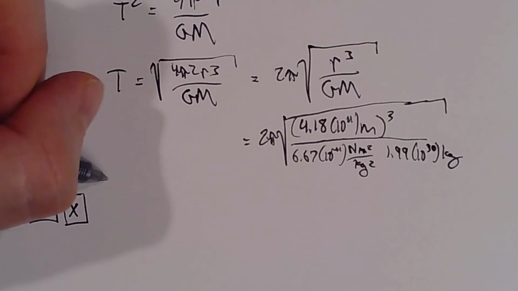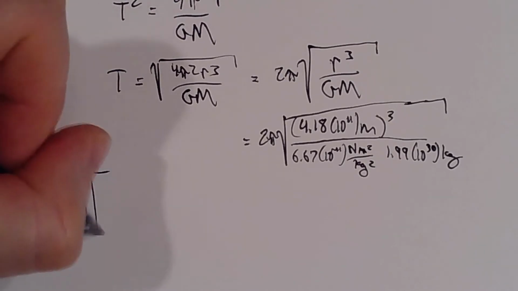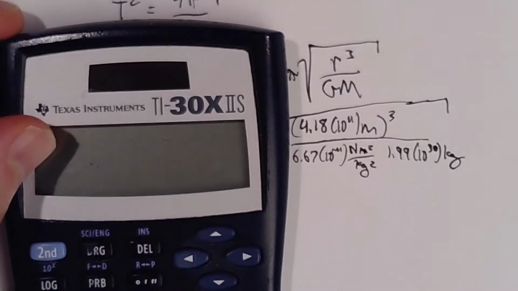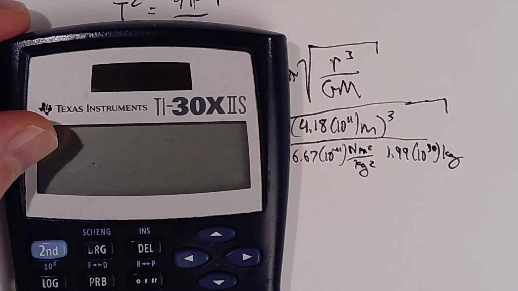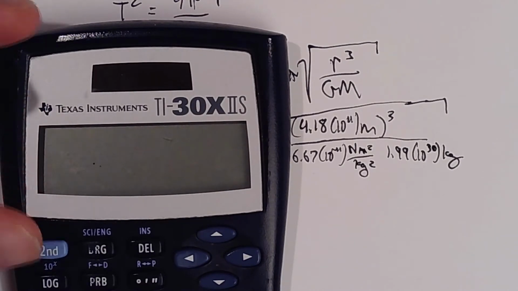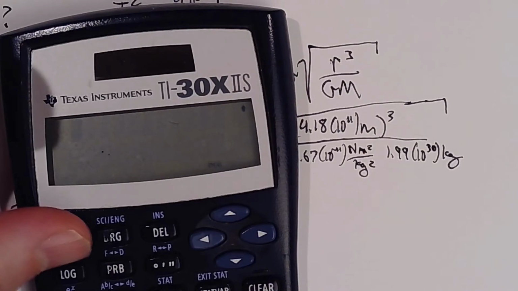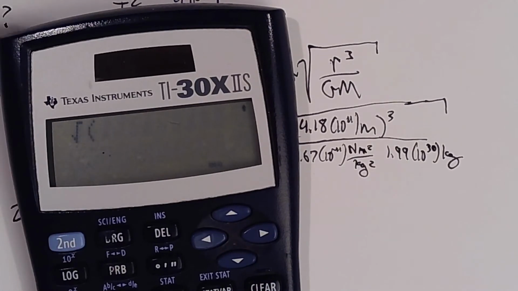Then however your calculator does it, you're going to want to open your square root. Now when you're using a calculator like the TI-30X IIS, when you open the square root, it comes with a free parenthesis. Just remember that. That is a point of confusion.